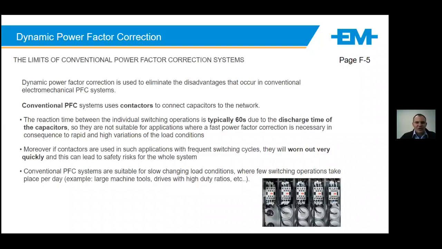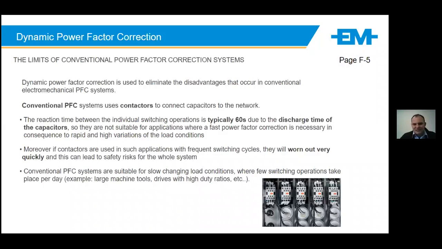In your conventional PFC, which uses contactors, the reaction time between the individual switching operations is typically 60 seconds due to the discharge time of the capacitor. So it's not suitable for when you have fast varying loads. Also, the contactors would wear out a lot faster if you have a system that steps in very fast. Okay.